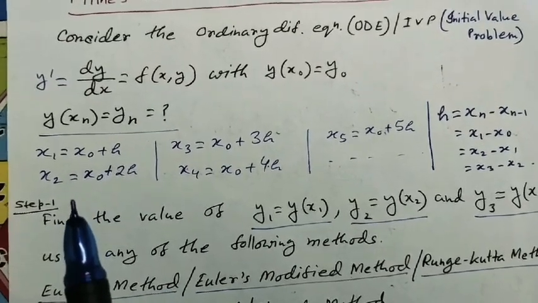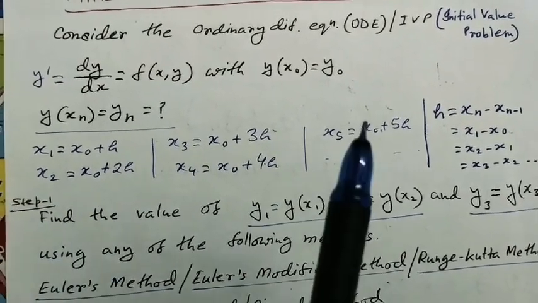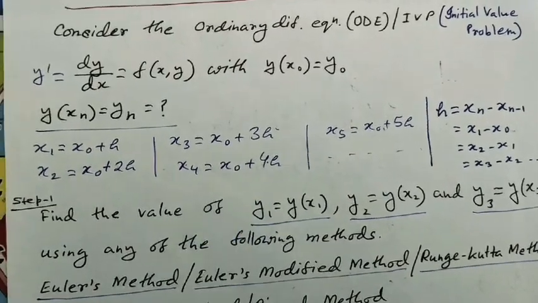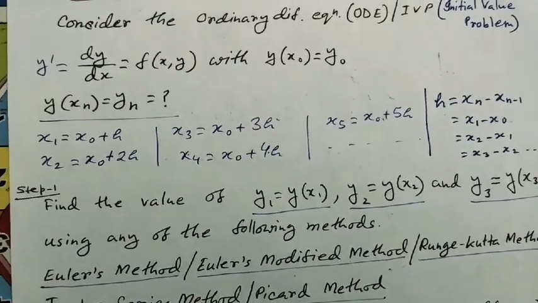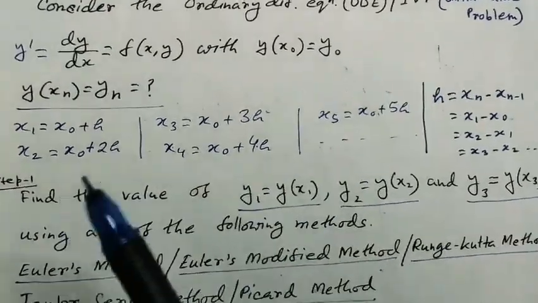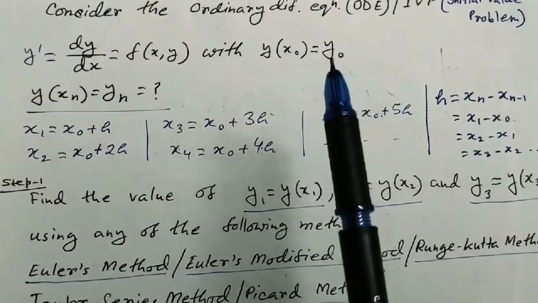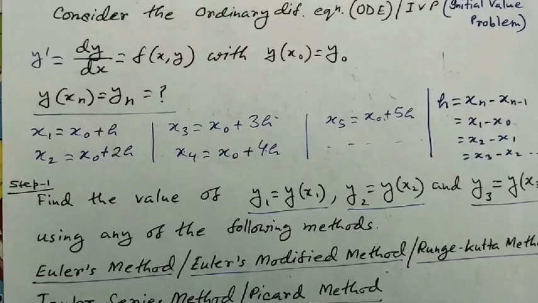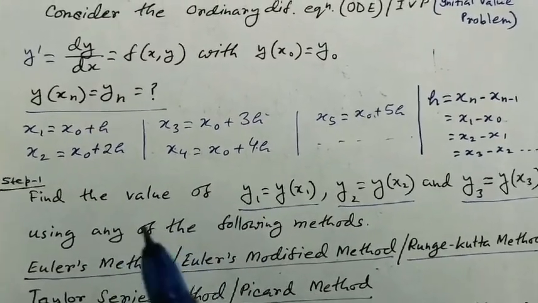The value of x0 is given in the question. To reach xn from x0, at least 4 steps should be used to make the solution more accurate.